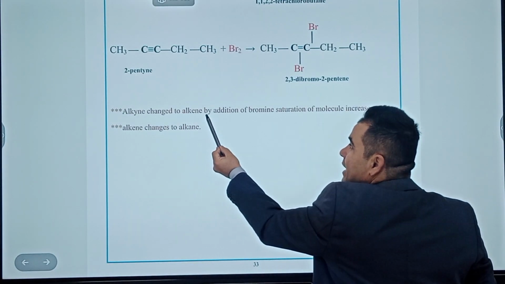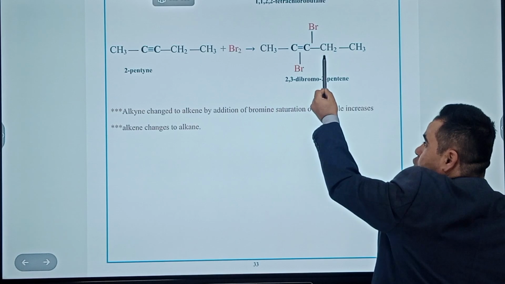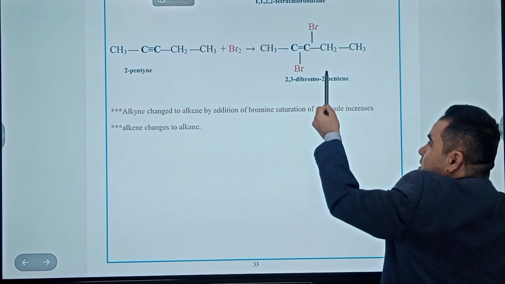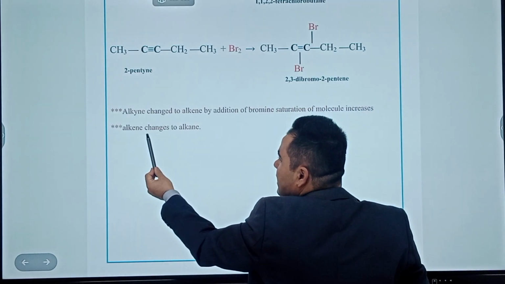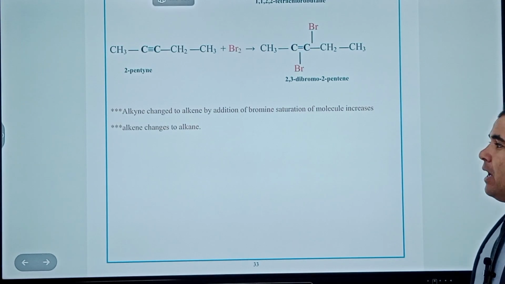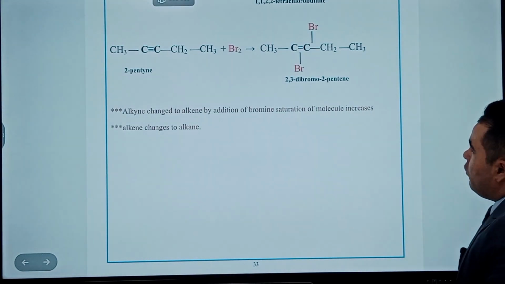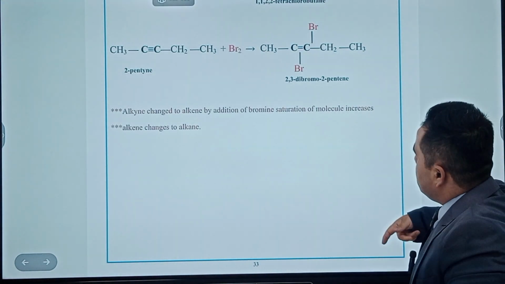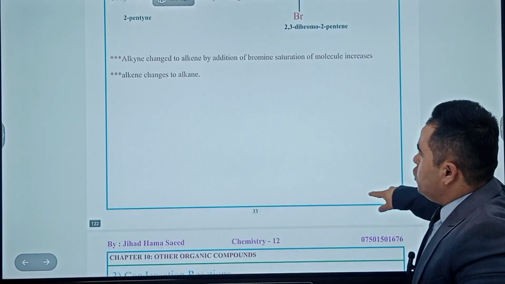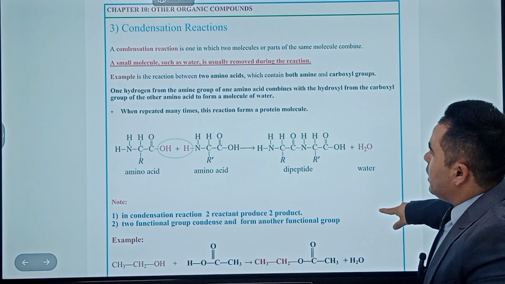Alkyne changes to alkene by addition of bromine. Saturation of the molecule increases in the above example, and alkene changes to alkane by addition of more hydrogen or more halogens to that structure to increase the saturation.